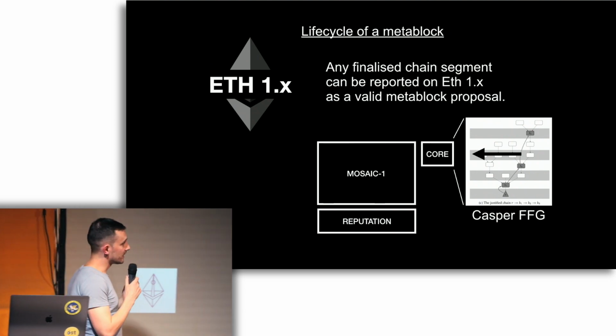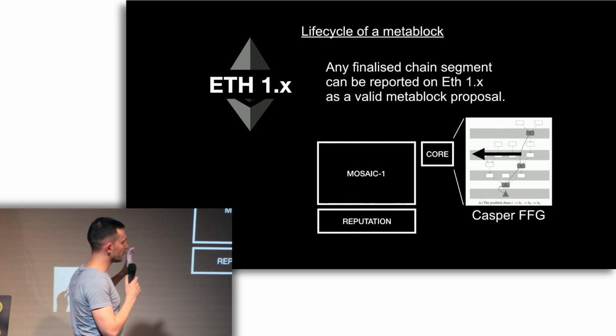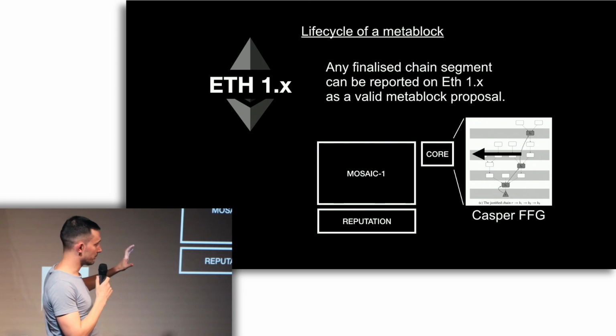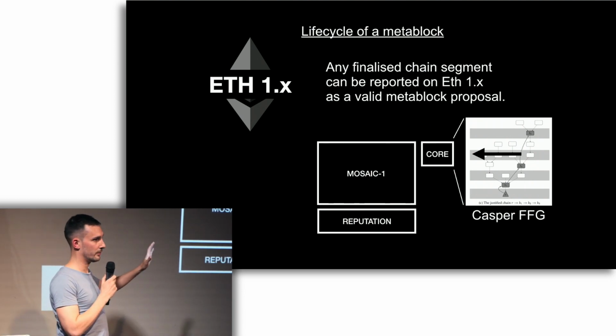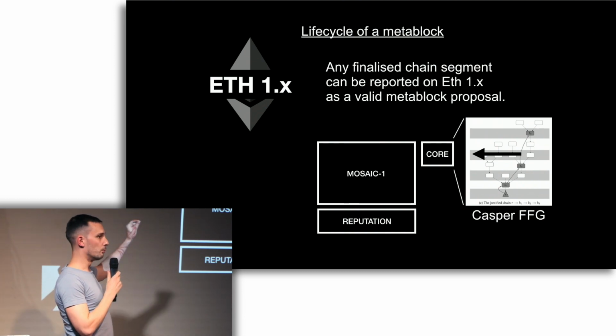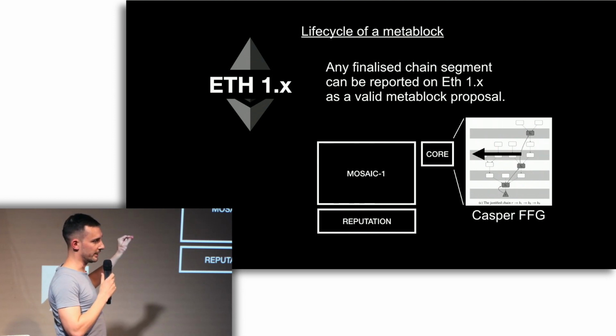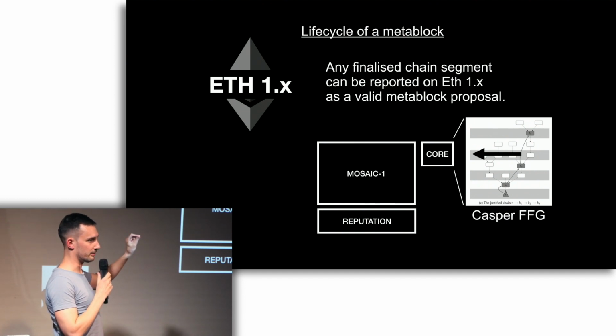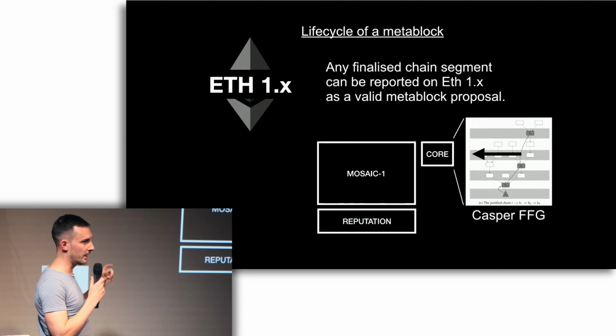But what is really nice now is that we have a really good noise reduction mechanism, right? Because on this auxiliary system, the validators are playing Casper FFG to finalize a history, and now it takes a very specific form to bring back to Ethereum mainnet to say, you know what, this is our proposal of what has happened, and we propose that as a valid finalization of the auxiliary system.